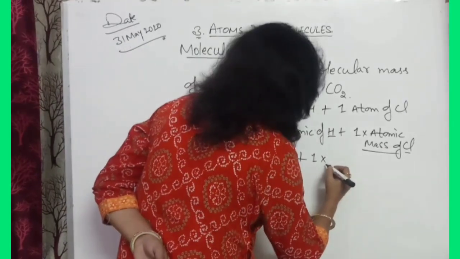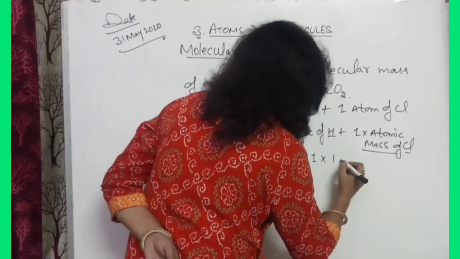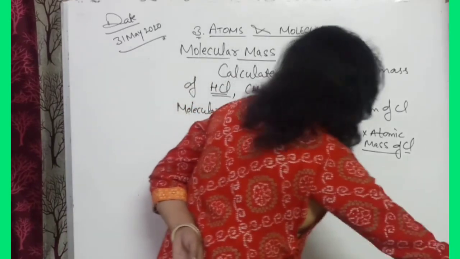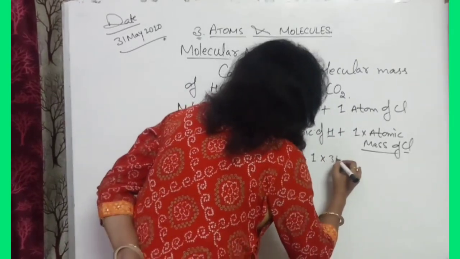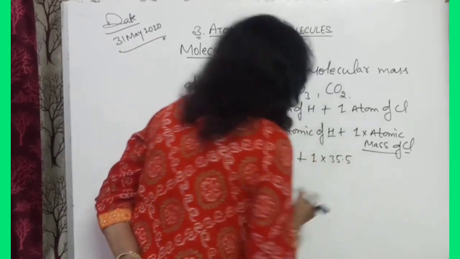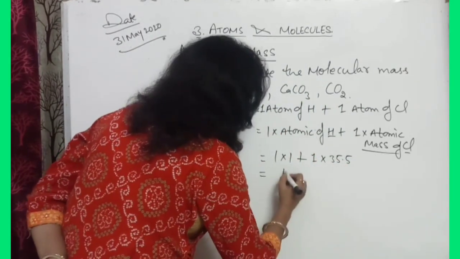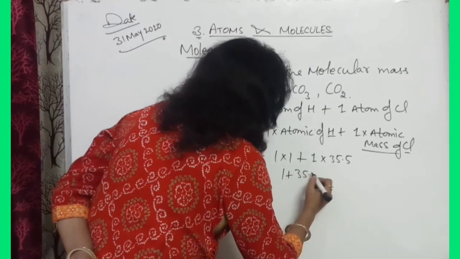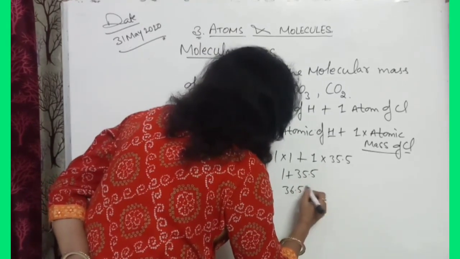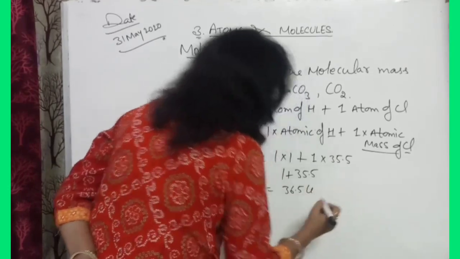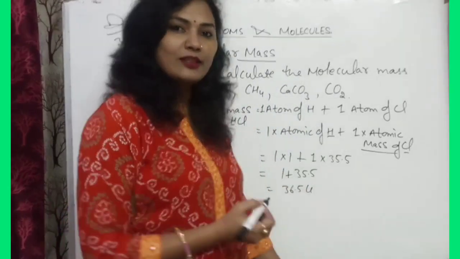So the answer is 1 plus 35.5, which is 36.5 U. That is the standard unit.